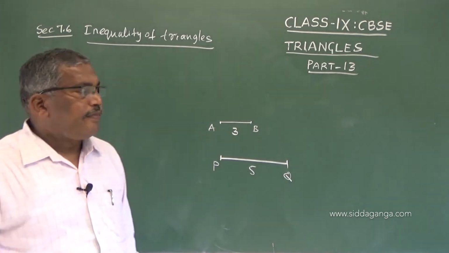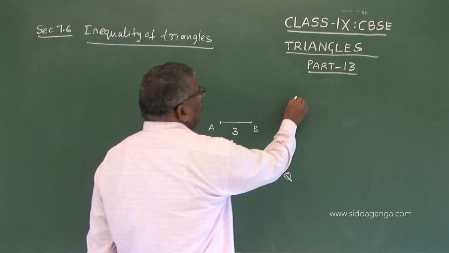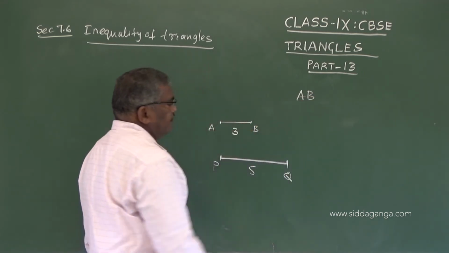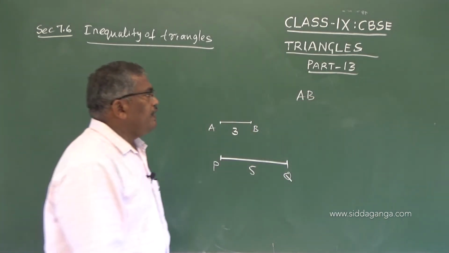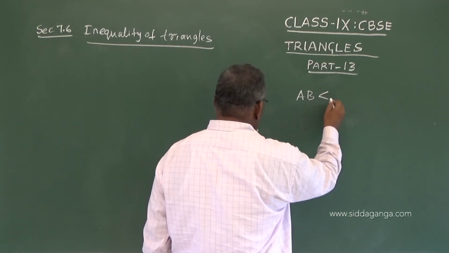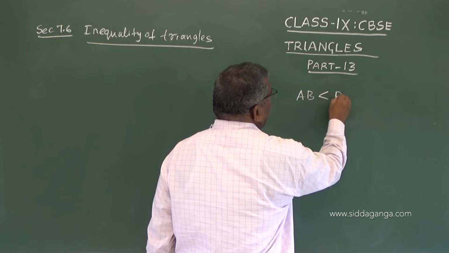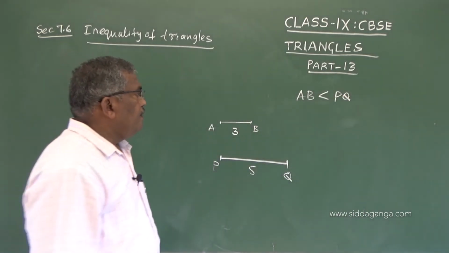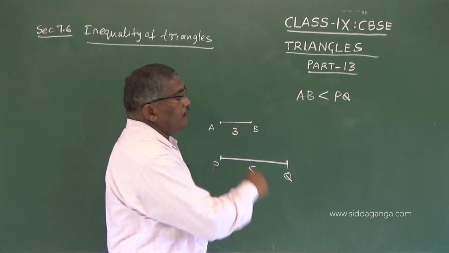What we say is, line segment AB is less than line segment PQ, or we say PQ is greater than AB.